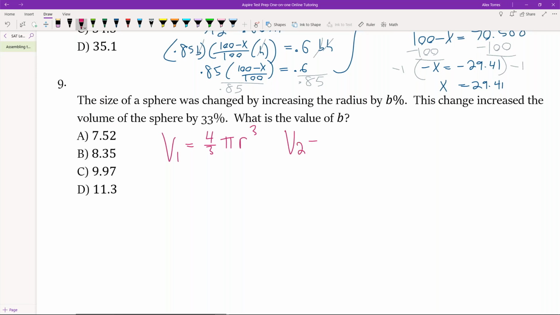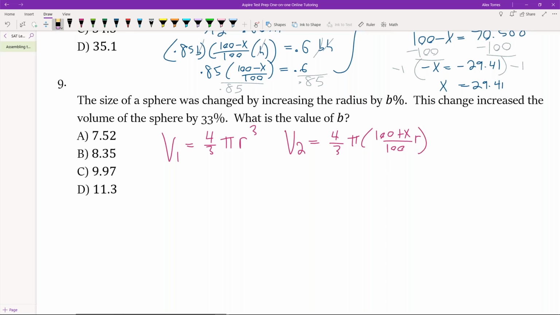The new volume of what's being described has the idea that the radius is increased by an unknown percent. The unknown percent increase we talked about on question 7 is represented as (100 plus x) over 100. So everything's the same except we replaced r with (100 plus x) over 100 times r.